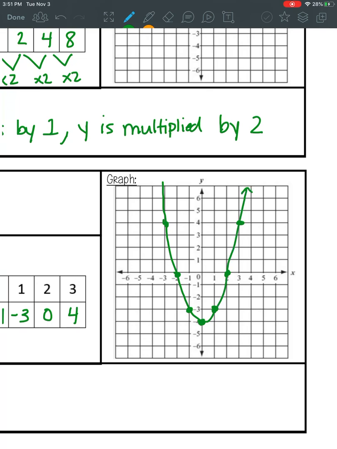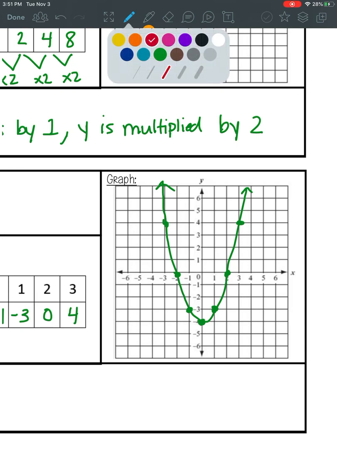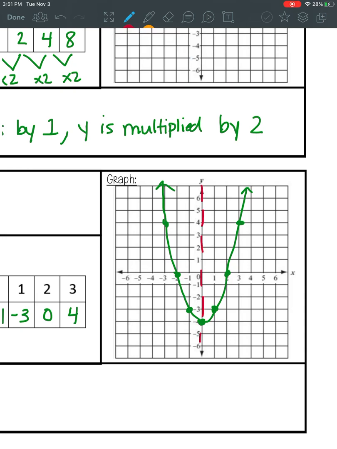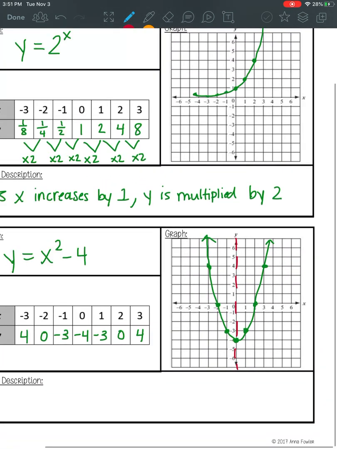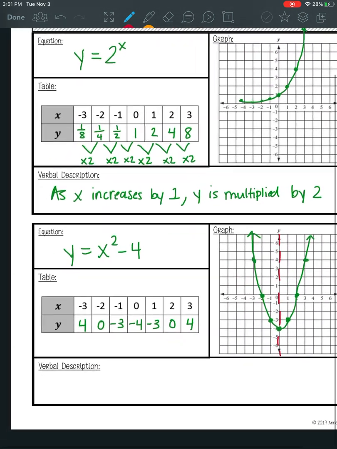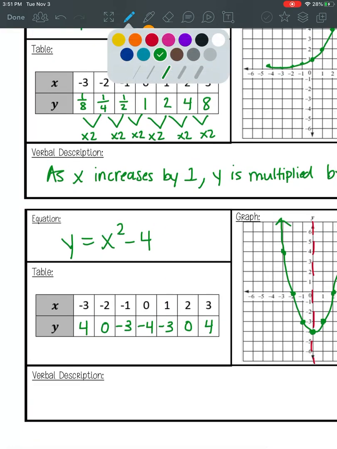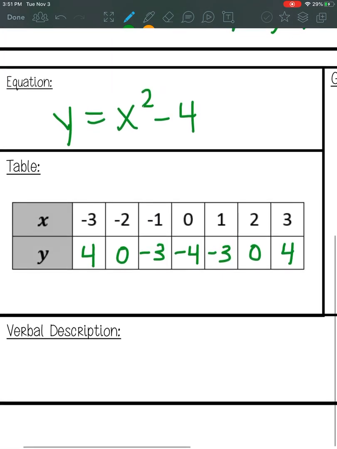And if you notice, around that y-intercept, it's symmetrical. So if we were to fold at the y-axis, you see that it just lies right on top of each other. It's definitely not a straight line when we graph it on the graph.